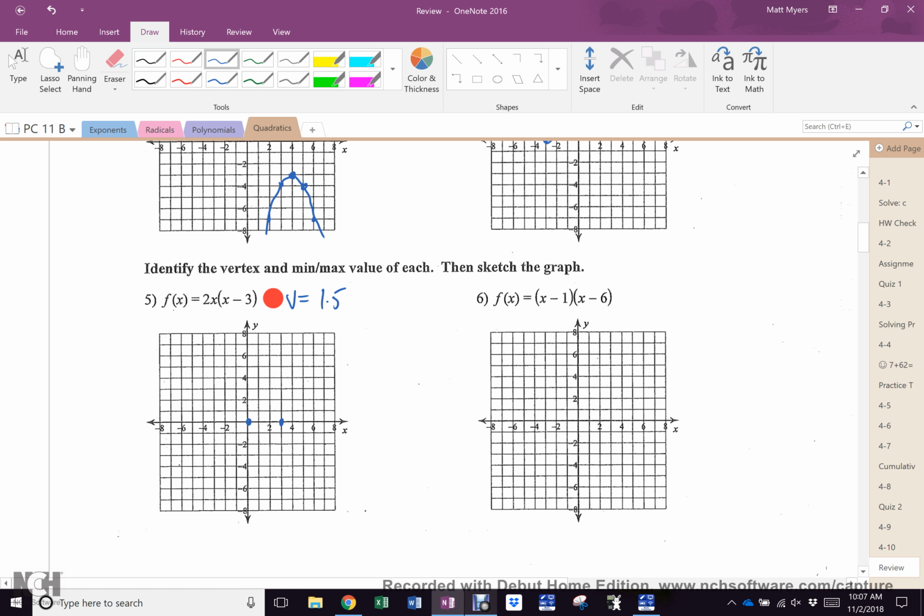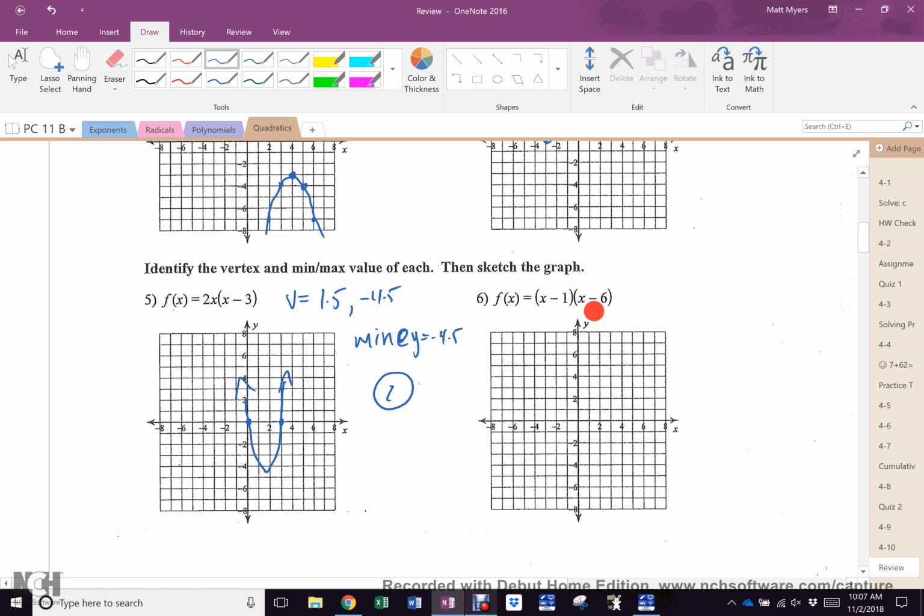What's 3 times negative 1.5? Negative 4.5. So it is down here at 1.5, negative 4.5. And it looks like that. And of course, it is a minimum at y equals negative 4.5. 2 marks for all that.